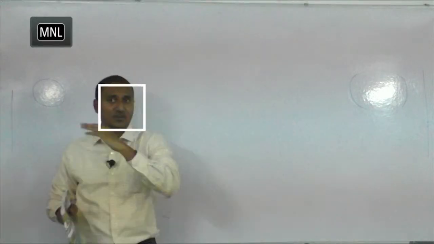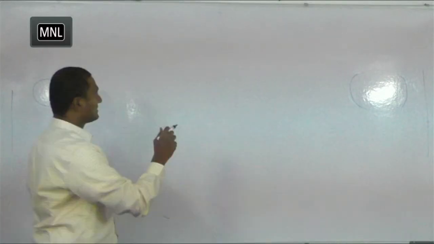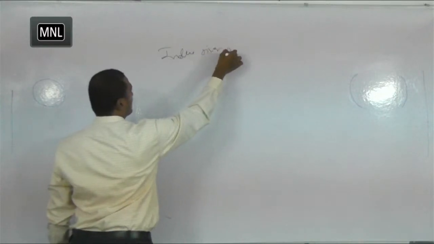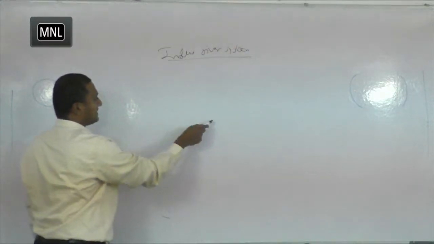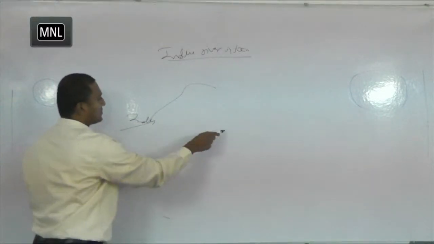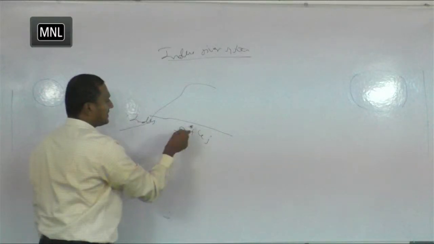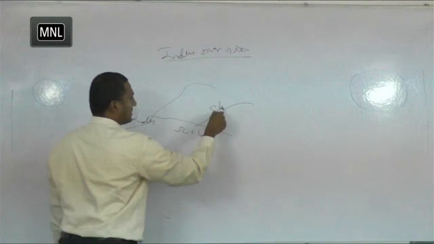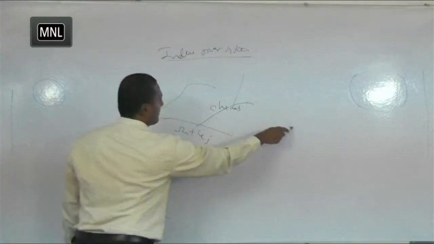For example, this year there was a question. They gave the Indus river system. Take the main Indus river. Actually, the Sutlej directly joins the Indus, and the Chenab joins the Sutlej, whereas the Ravi and Beas join the Chenab.